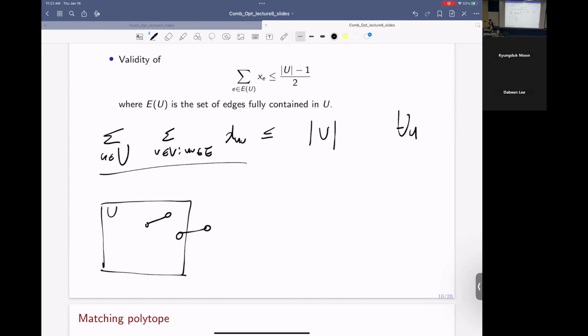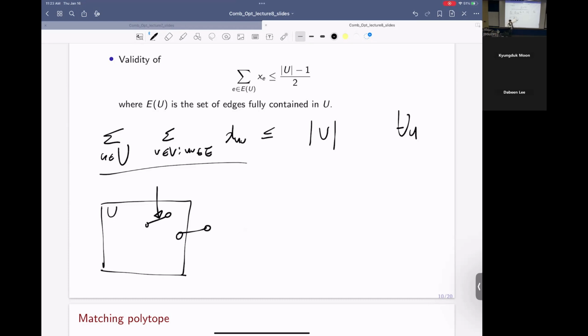It could have a neighbor that is outside U. Okay. But let's look at this edge. This edge is counted twice. It appears as an edge of this vertex, and also as an edge of the other endpoint of this edge.